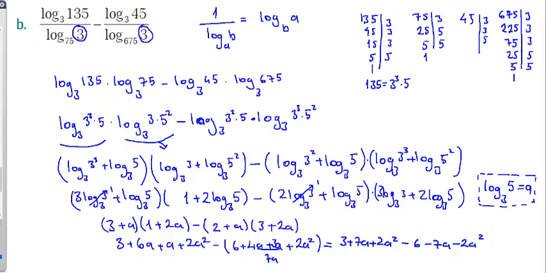The 2a squared and 2a squared simplify each other. Minus 7a and plus 7a simplify each other. The answer is 3 minus 6, which is equal to minus 3.